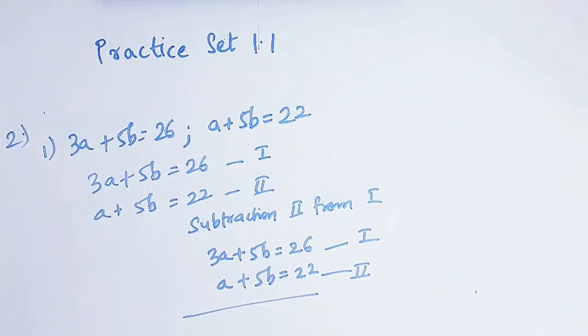Now this is minus, the sign changes, this plus becomes minus, this plus 22 becomes minus 22. So 3a minus a is 2a, this becomes 0, and what is 26 minus 22? It is 4. So a equals 4 upon 2, a we got 2.